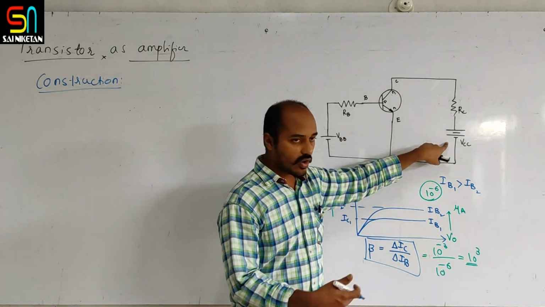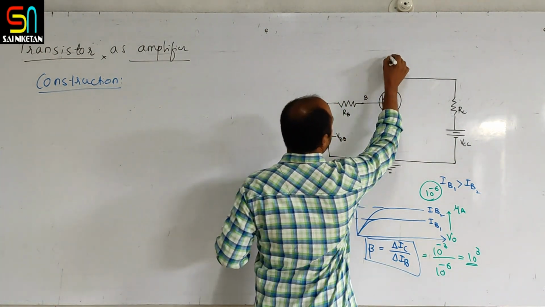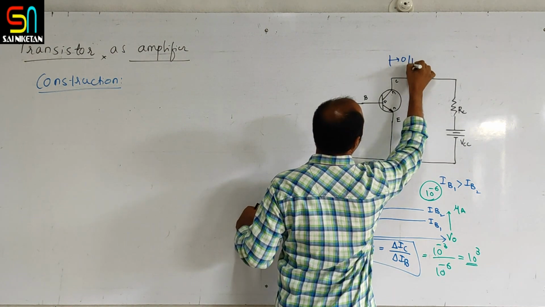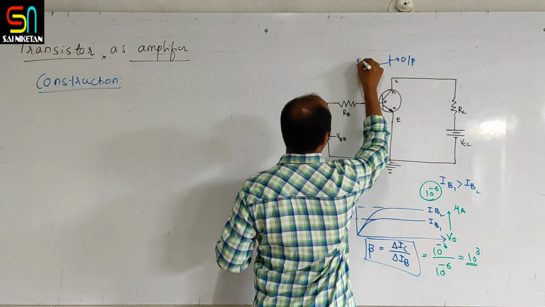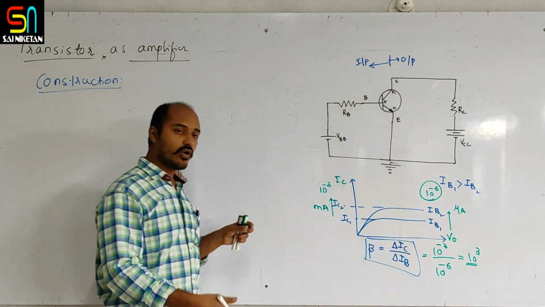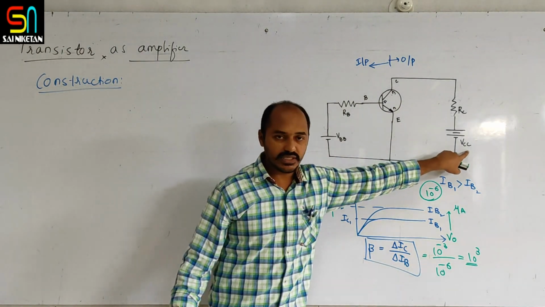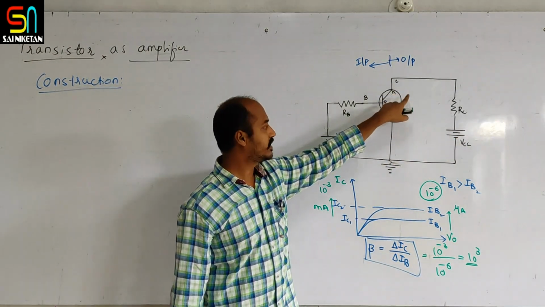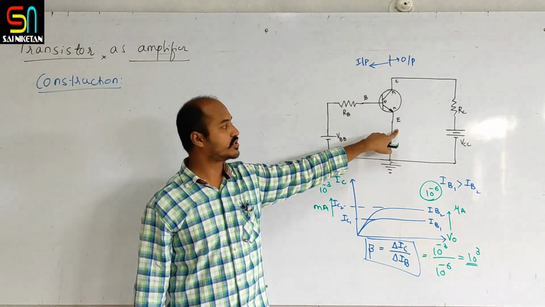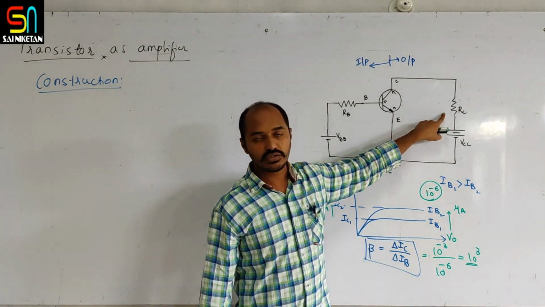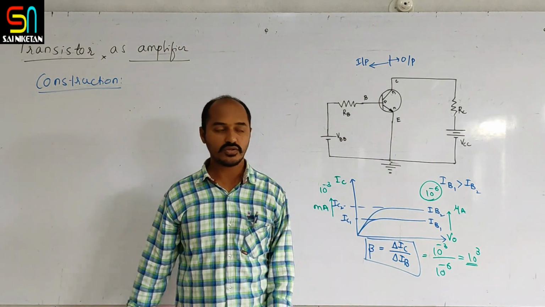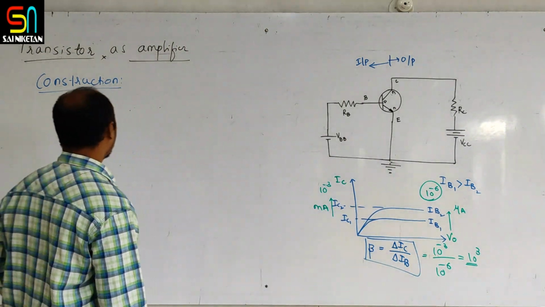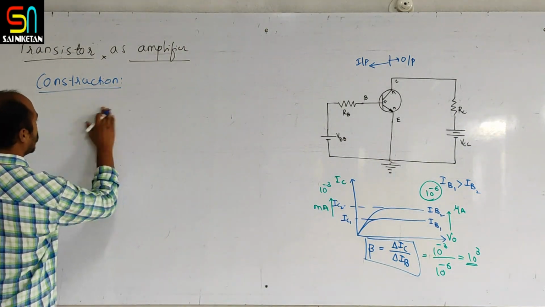Similarly, for the output circuit, this is the output and this half is the input. For the output, the VCC battery is connected in reverse bias with the collector emitter junction, after passing through the output resistor. So this is what the circuit diagram, or construction, is.